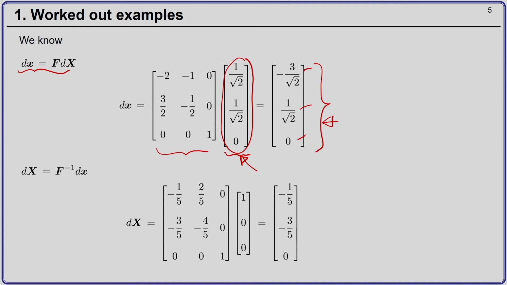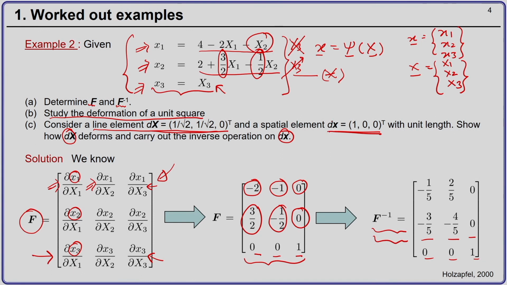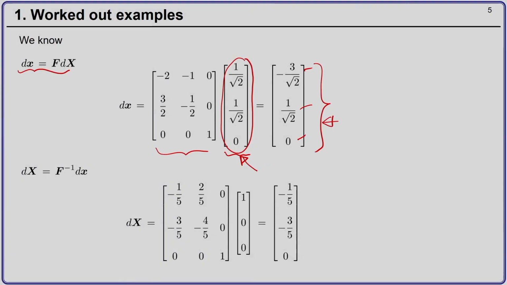Now, you have also been given this spatial element 1 0 0, and you have been asked how it deformed. From this, we want to see what was the material element which deformed to this spatial element dx. So, dX will be nothing but F inverse dx.